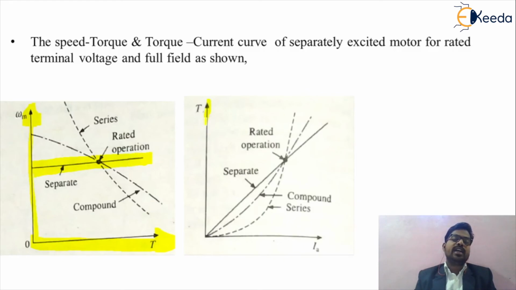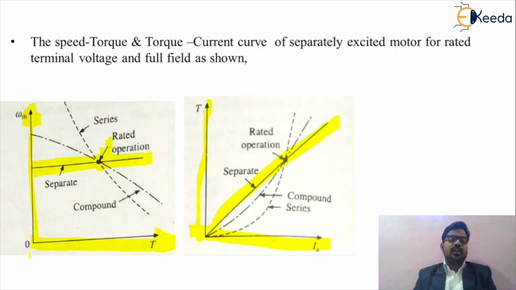Similarly, we get another characteristic, torque and armature current. In torque and armature current, we get a straight line characteristic of your DC separately excited motor, and this is the point where we get the rated operation of your motor.